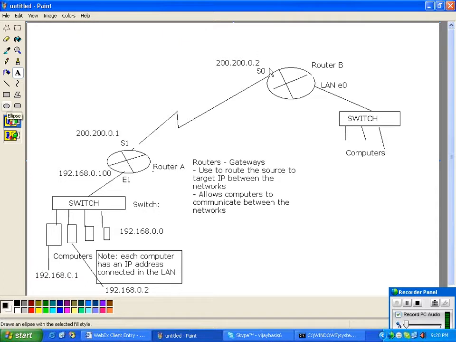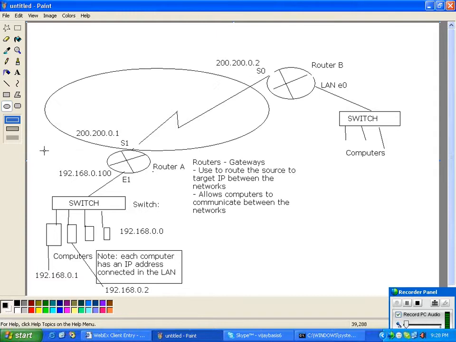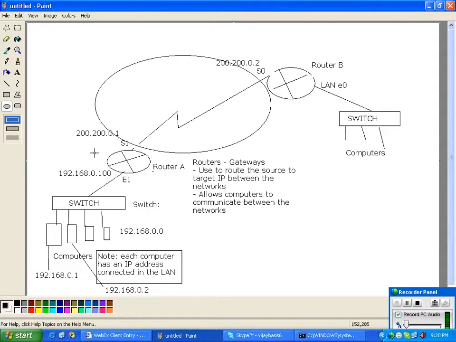So this is one LAN. This is completely one LAN. This completely is one LAN. You can see these connections are, I mean, it's a WAN, but you can see what network it is using.